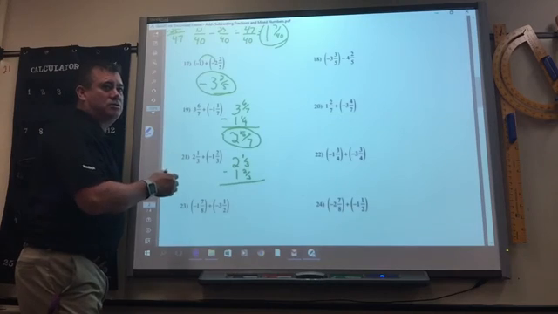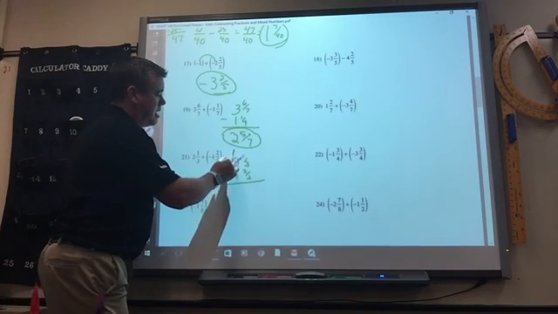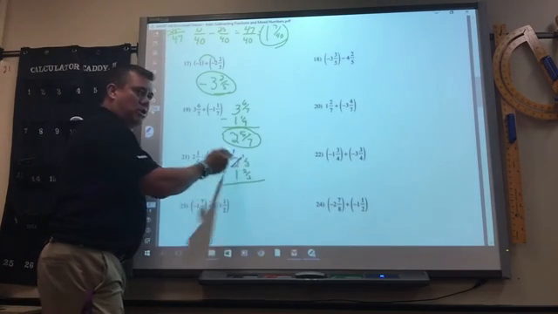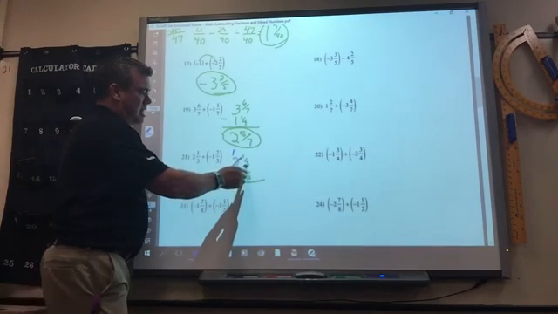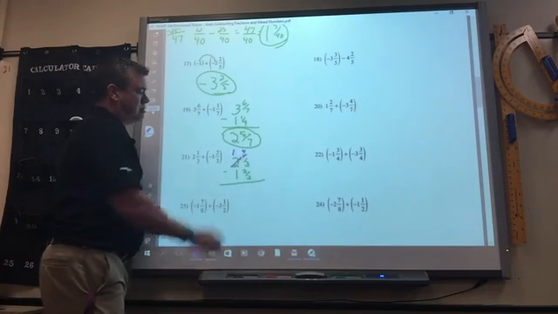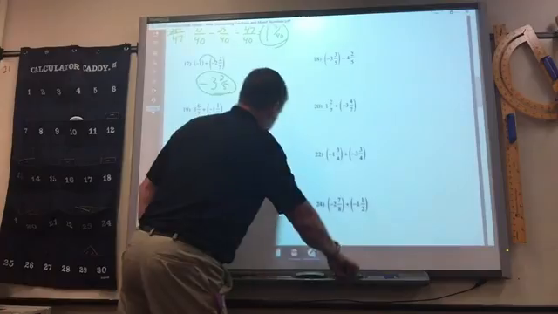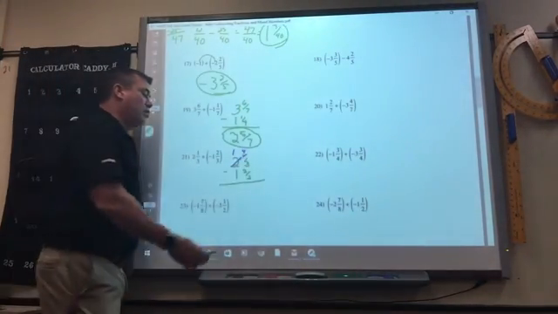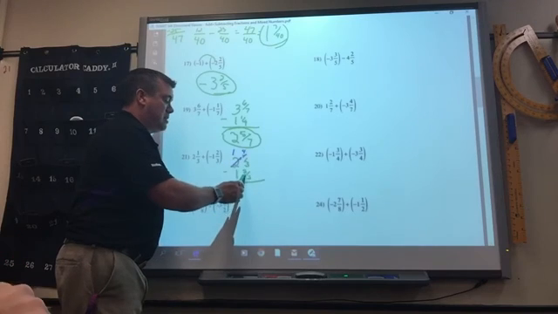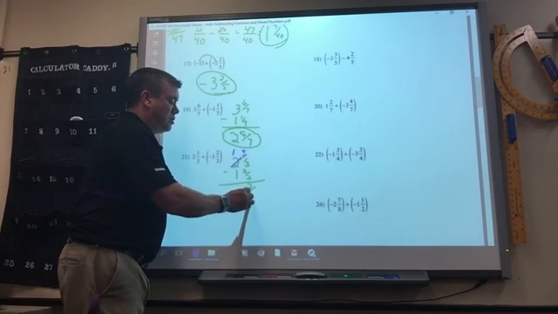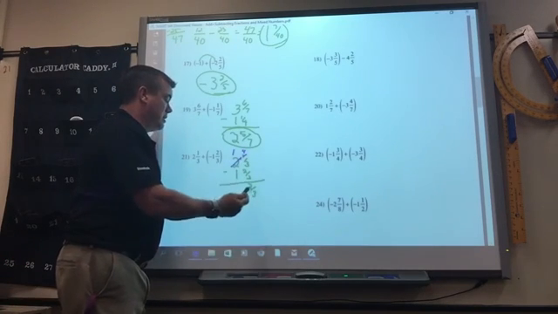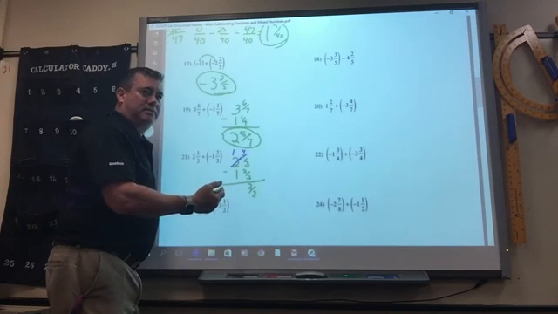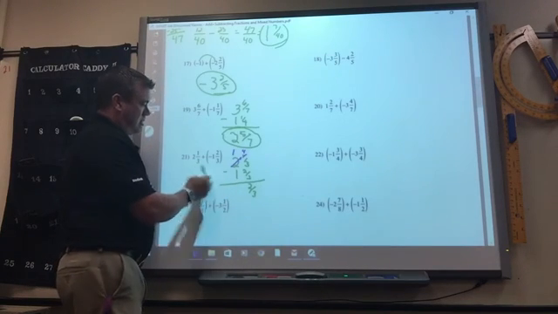So you have to borrow. Borrow 1 from there, and then you just add the bottom to the top. 3 plus 1 is 4. Because 1 and 4/3 is the same as 2 and 1/3. Now we can subtract: 4/3 minus 2/3 is 2/3. 1 minus 1 is nothing. Is it positive or negative? Positive. The bigger number is positive.